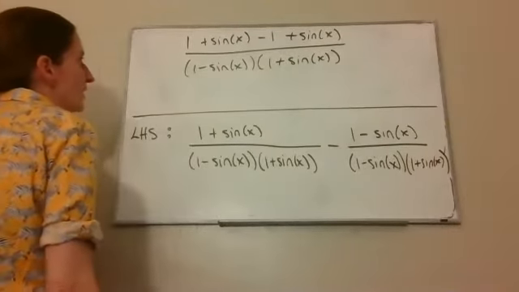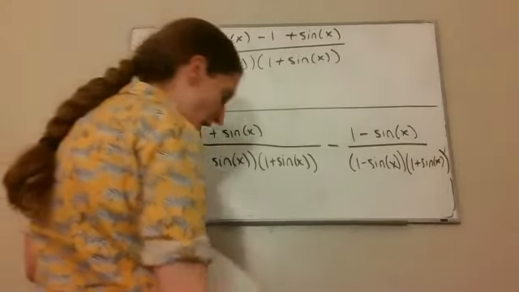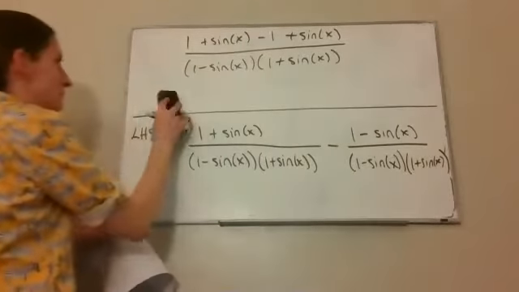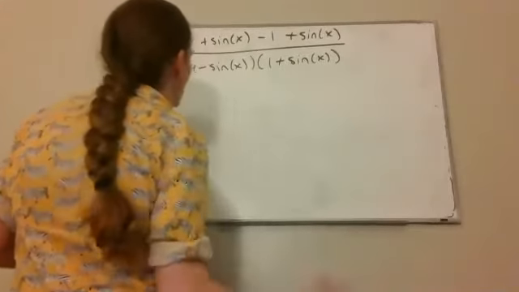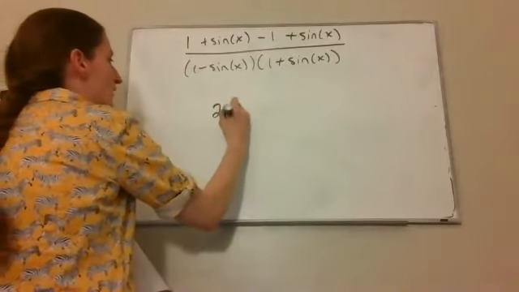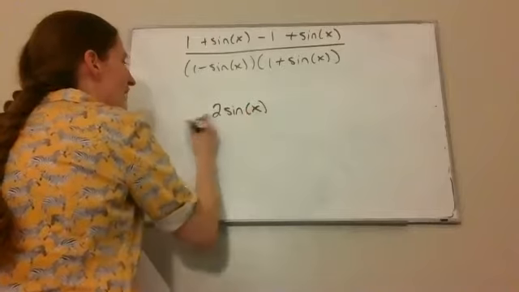So on the top, 1 minus 1 disappears, and I have 2 sine x. So my numerator is 2 sine of x.